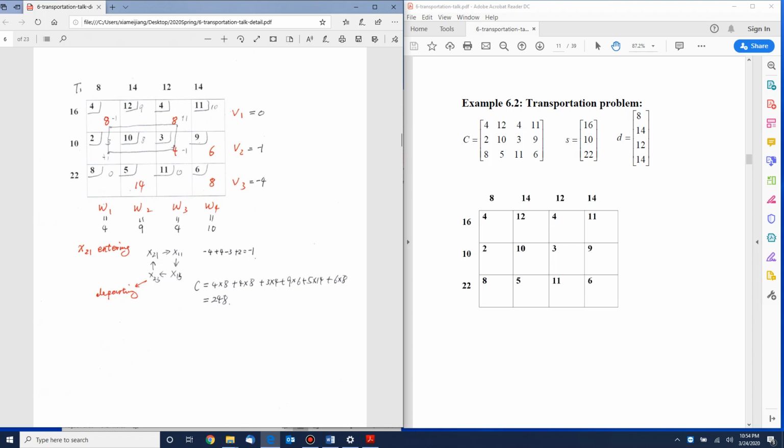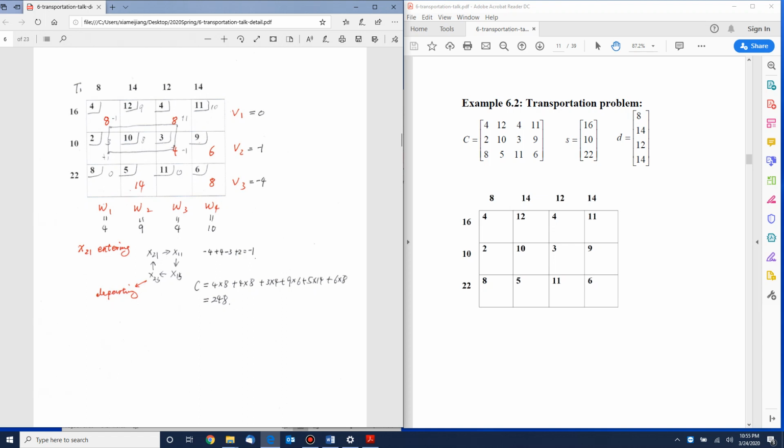Cell 11 reduces 1, so minus 4. Cell 13 increases 1, so plus 4. Cell 23 reduces 1, so minus 3. And cell 21 increases 1, so plus 2. Actually, if we shift 1 along this loop, then we will save $1.